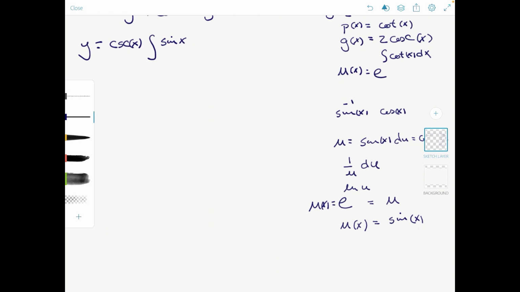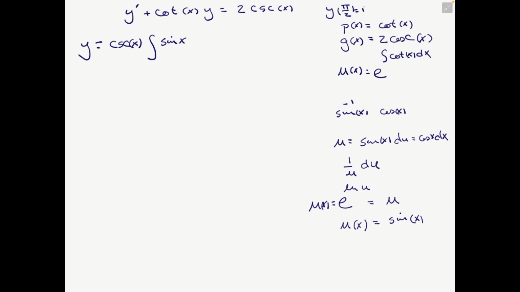This is why you've got to be careful. All right, sine of x, that's our mu of x. g of x was cosecant, so we have 2 times 2 on sine of x dx plus c cosecant x.